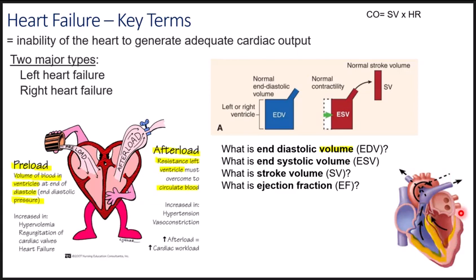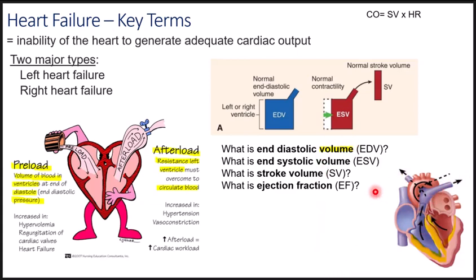You don't need to make note of this yet because this will come up later. I'm just wanting to bring it up while I'm talking about this concept, to give you an example to help you understand increased afterload on the right side of the heart. There are many different examples, but one would be, well, we know that this right ventricle is going to pump blood to the pulmonary circulation.